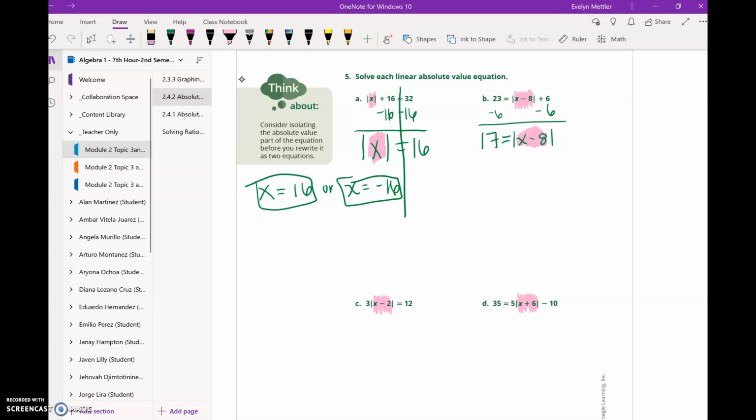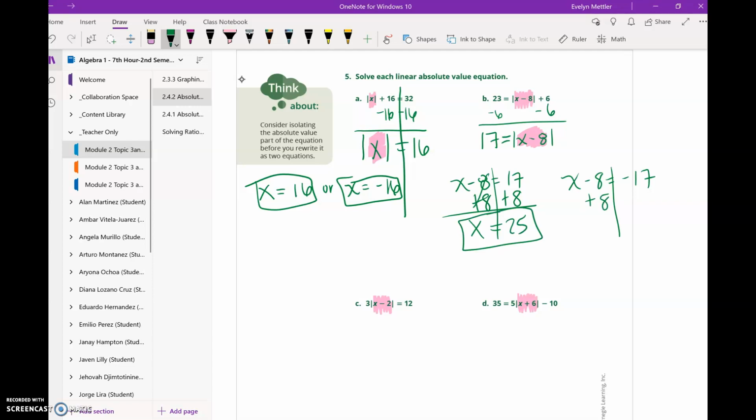It doesn't matter, right? Because they're both going to work. So I'm going to set this equal to positive 17 and negative 17. I'm going to solve them the same way by adding 8 to both sides. So this would give me x equals, let's see here, 25. Add 8 to both sides, x equals negative 9. So there's two answers.